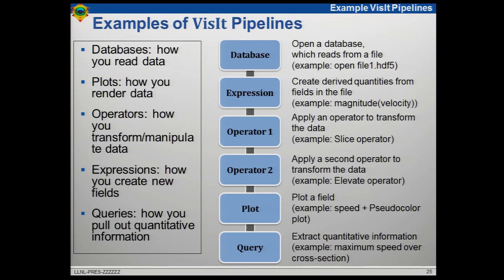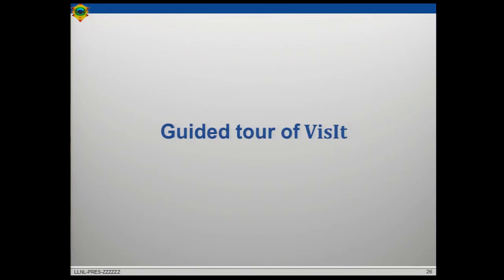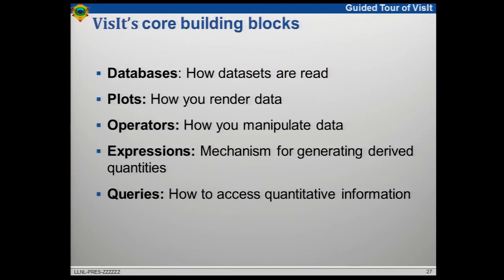So we'll have to be careful in the graphical user interface to say query the actual data or query the original data. So this is where I have to work here. Database, plots, operators, expressions, queries.